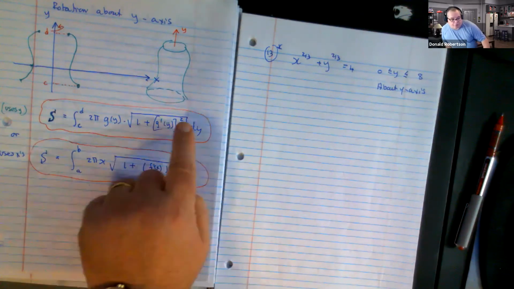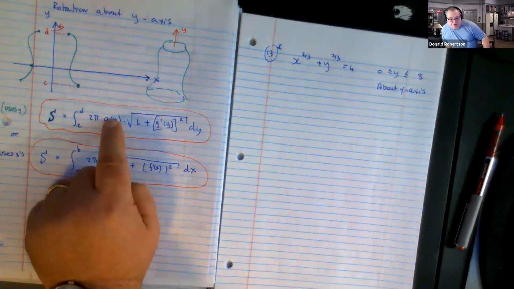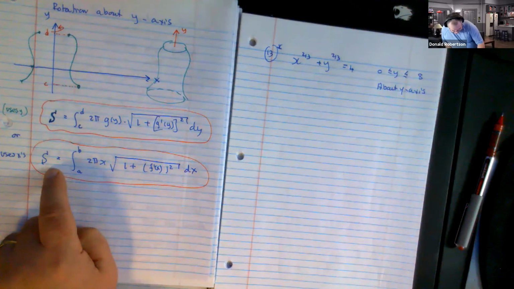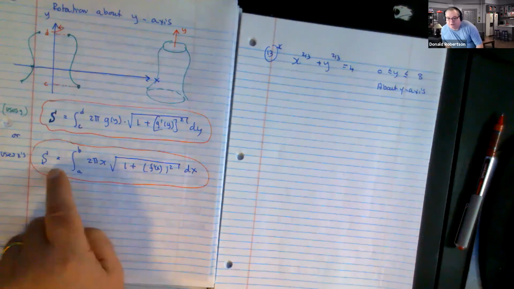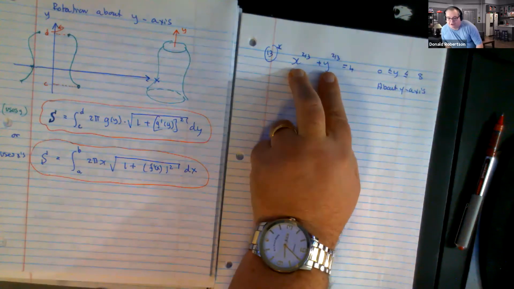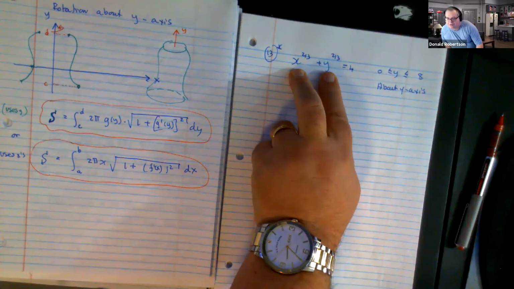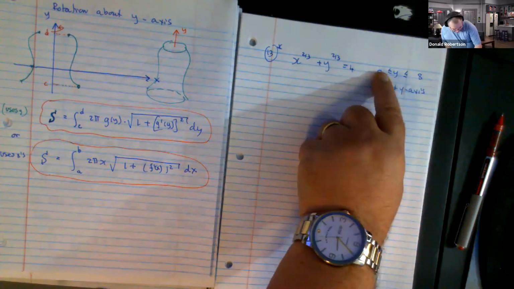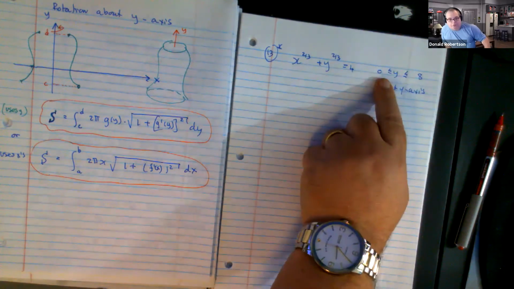You use the top formula if everything is in y's, and you use the bottom formula if all the information is in x's. Now here, we don't have a clear form of x's or y's, because they're basically both jumbled together. But would you agree that the limits are y's? And so that gives me the clue that you want the top formula.